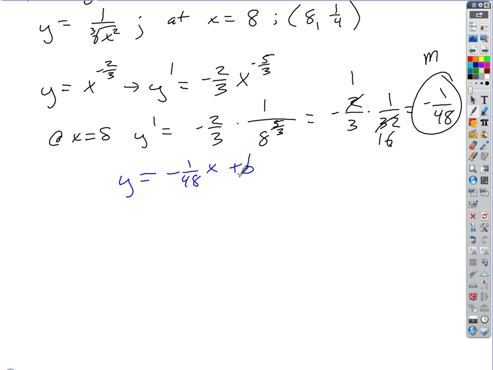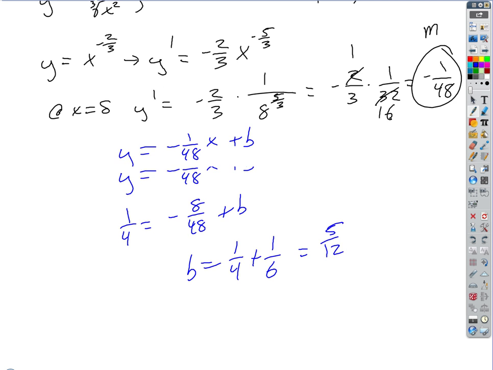Let's plug in the values: x is 8 and y is 1/4. So what is that, negative 1/6? If I add 1/6 to both sides, b equals 1/4 plus 1/6. So what is that? 5/12.